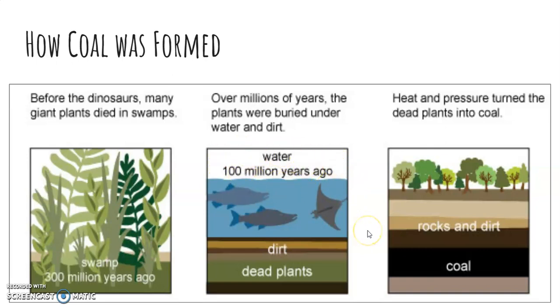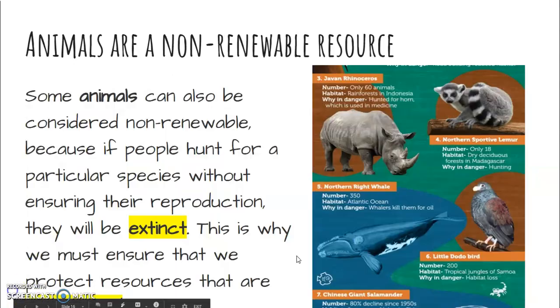If we use up all of our natural gas in our lifetime, in the next 20 or 30 years even, then what will we do to power those things that we have relied on those fossil fuels and those resources for? We'll have to wait for millions of years, hundreds of millions of years, to get that coal and that natural gas and that oil back. So we call that non-renewable.